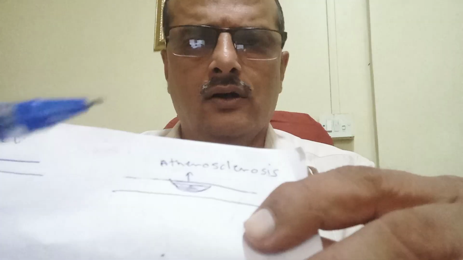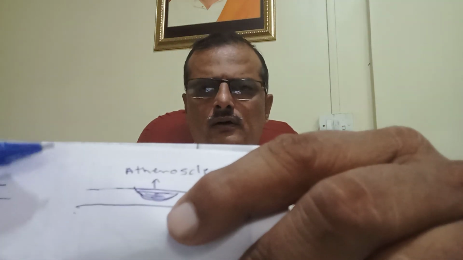All of us know that cholesterol or sugar or lipids is the main cause. So again the dosha is Kapha dosha, and the dhatu is Meda, because of Meda sanchay. So there is accumulation of such Meda sanchay in the lumen of the blood vessel.